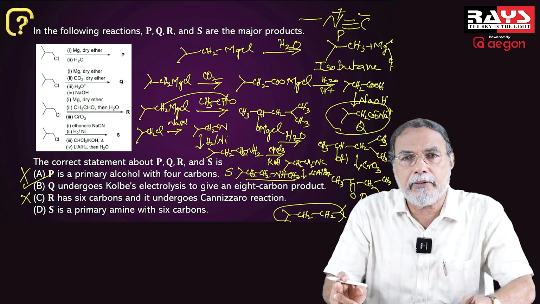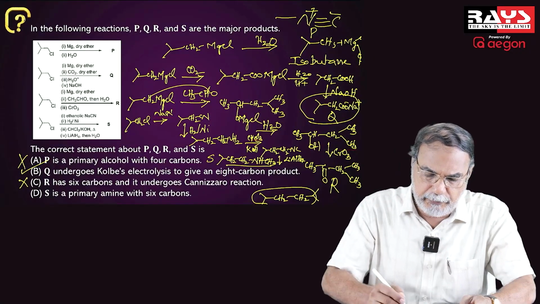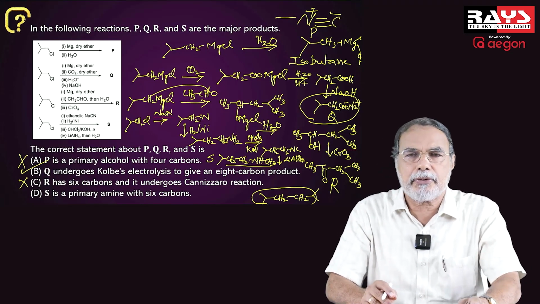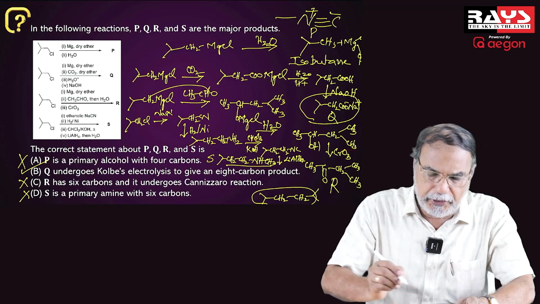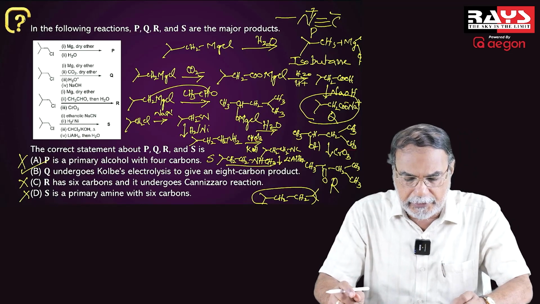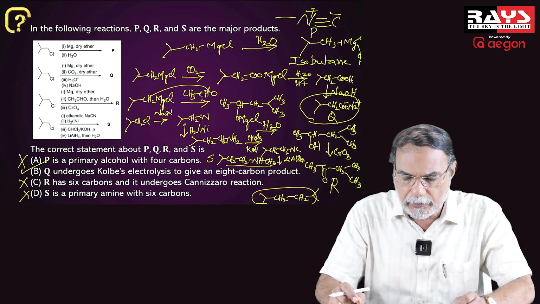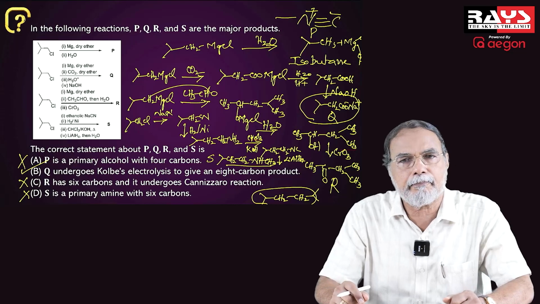That means what you get is a secondary amine containing a methyl group on the nitrogen. So the statement that S is a primary amine with 6 carbon atoms is not correct. So D is also a wrong statement. So the only correct statement is B, that is Q undergoes Kolb's electrolysis to give an 8 carbon product.